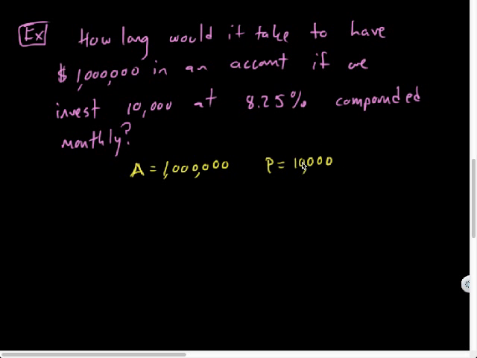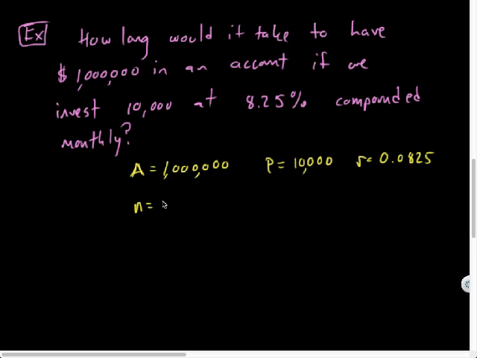The rate would equal, as a decimal, 0.0825. Very important. Question, what do you think n is going to be? Number of times compounded per year? 12.